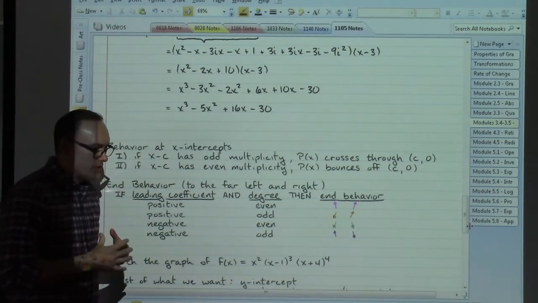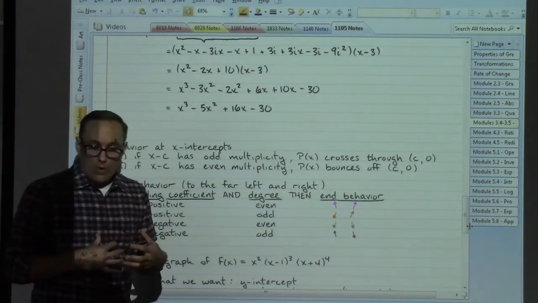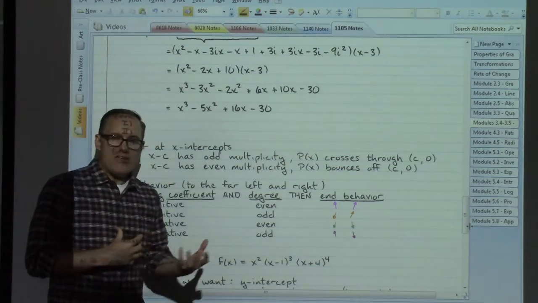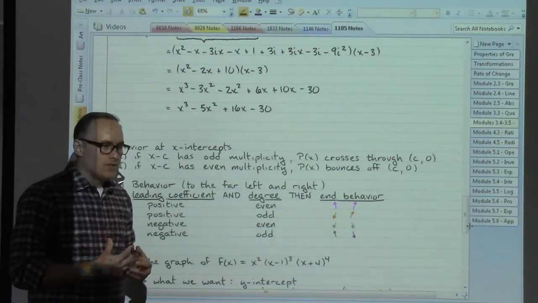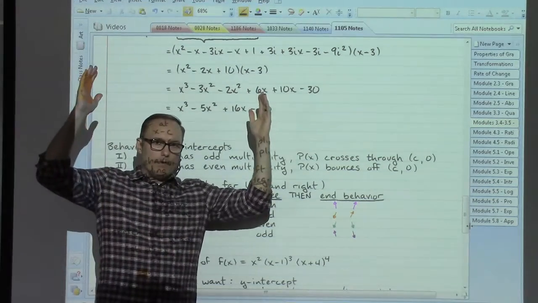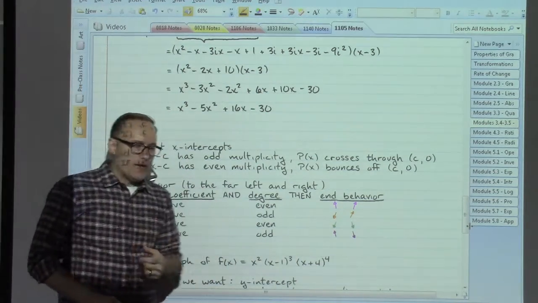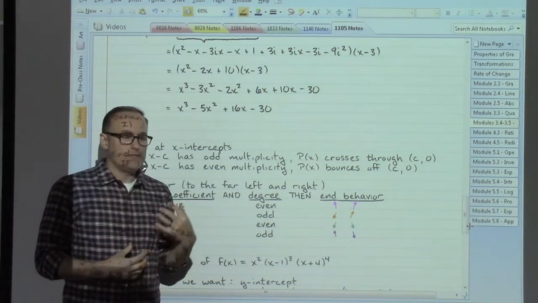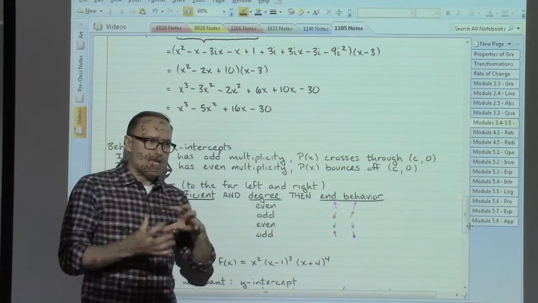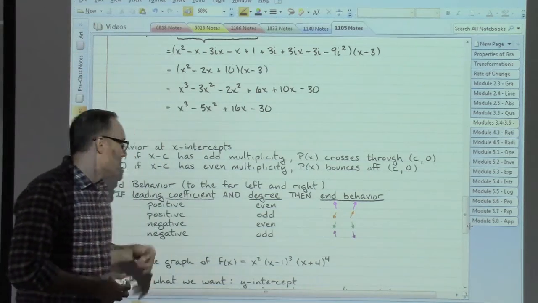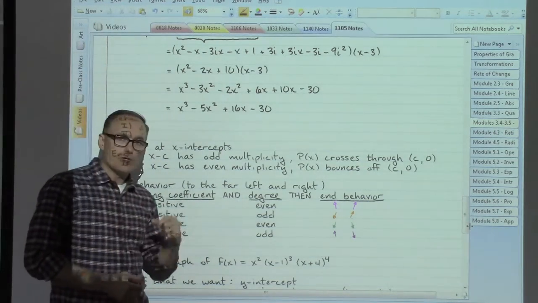Then also, there's a bit more to how the degree ends up helping us. We had this notion of, with the quadratics, our a value, which is that leading coefficient, ties in with, does our parabola open up or open down? And so when we get into these other kinds of polynomials, we've got to worry about the interplay between the leading coefficient and the degree.